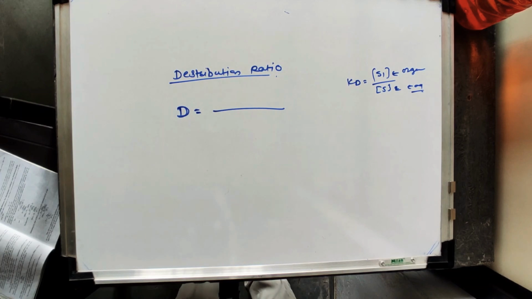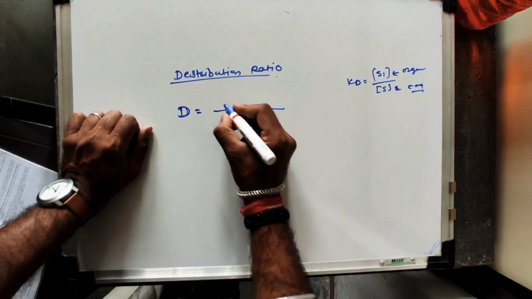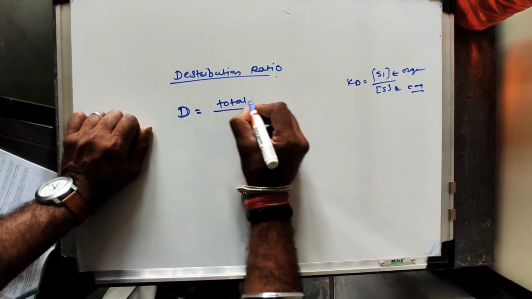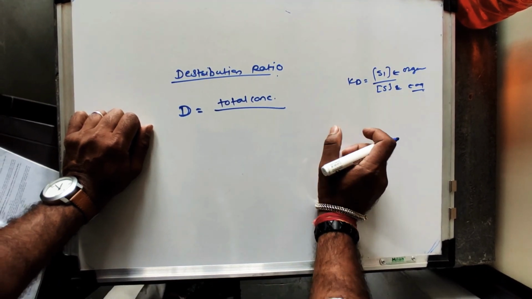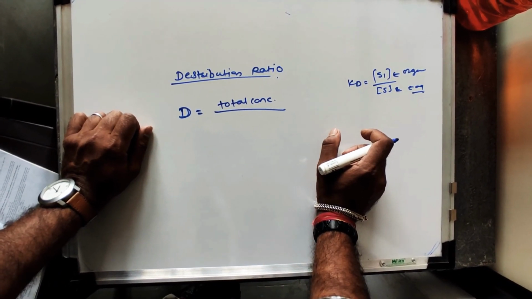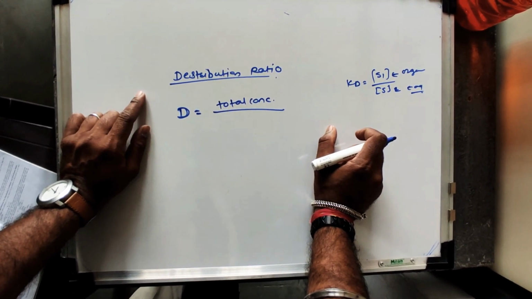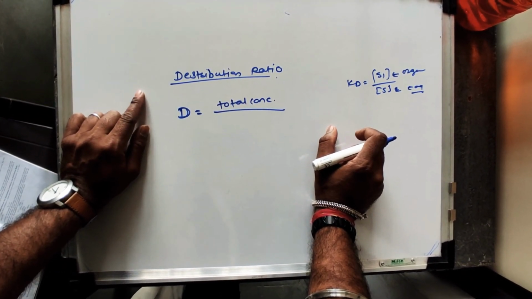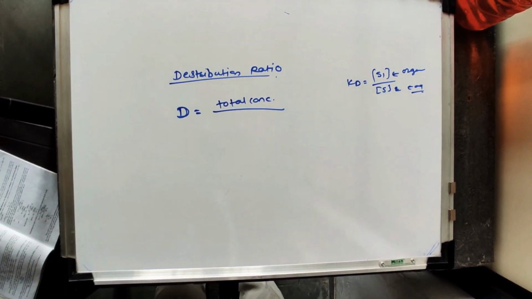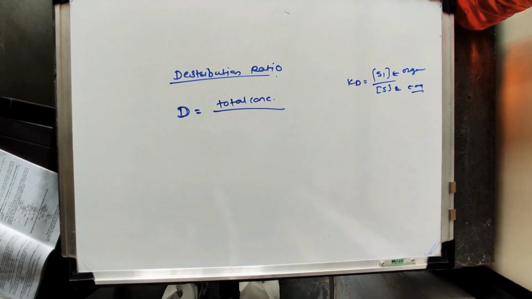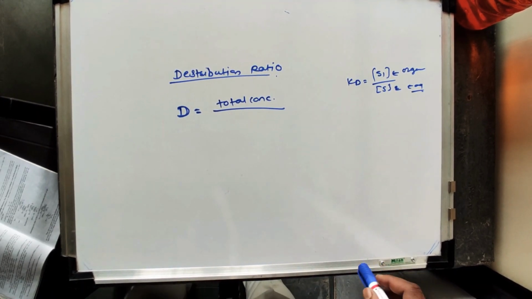Now, the distribution ratio is the ratio of total concentration. What do you mean by total concentration? If a solute undergoes polymerization, association or dissociation in any one phase, then instead of the distribution coefficient we use the term distribution ratio.